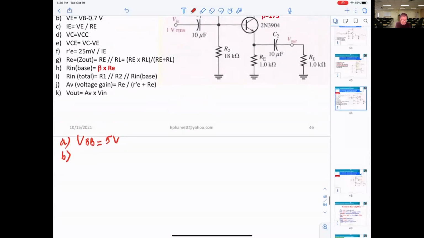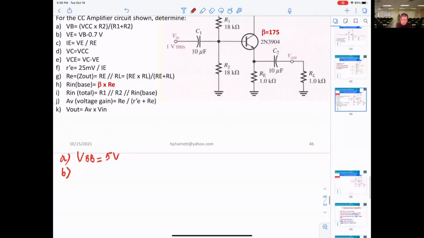The thing is I have to do it so the students can follow. If they want to learn, they get a chance. VE equals VB minus 0.7. That's an easy one. 4.3, exactly.